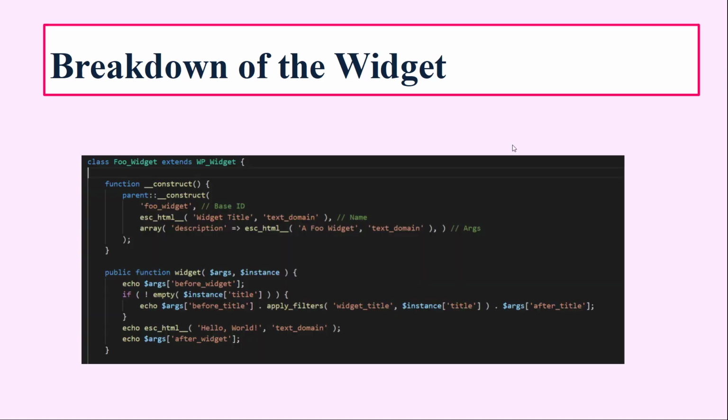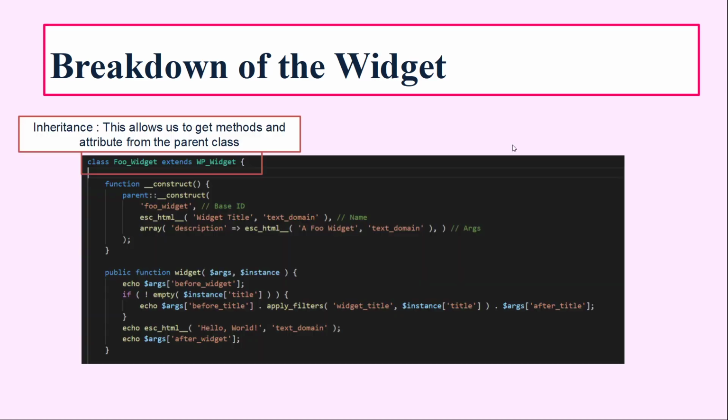Now that we've got the widget template in our code, let's have a quick overview of what is contained in that code. This is the first section. This first value here, this name, is the name of our class. We are going to be changing this in our code. This extends allows us to get attributes and methods from the parent class.